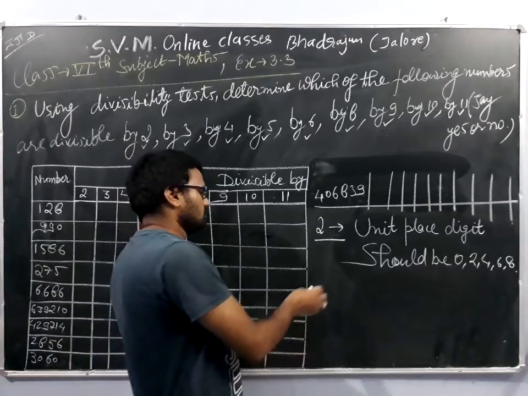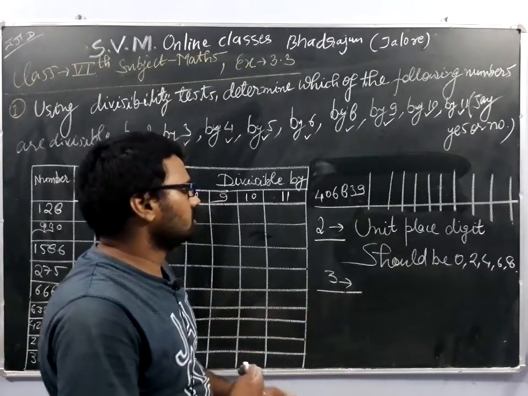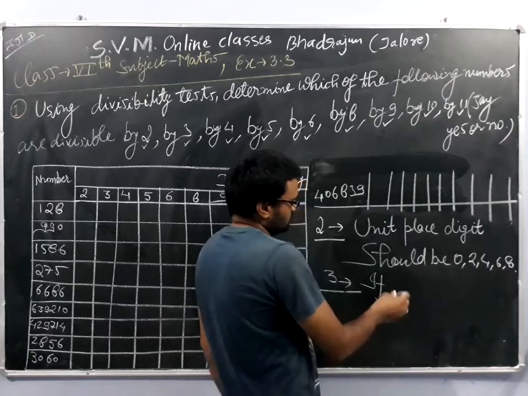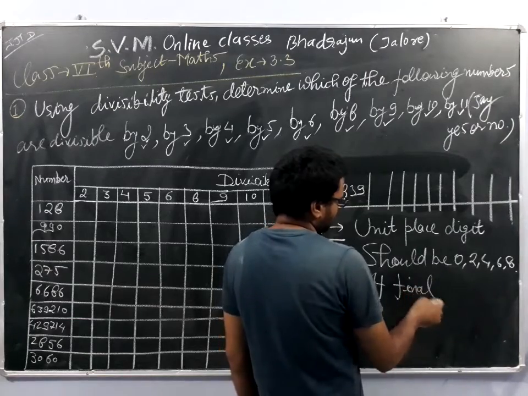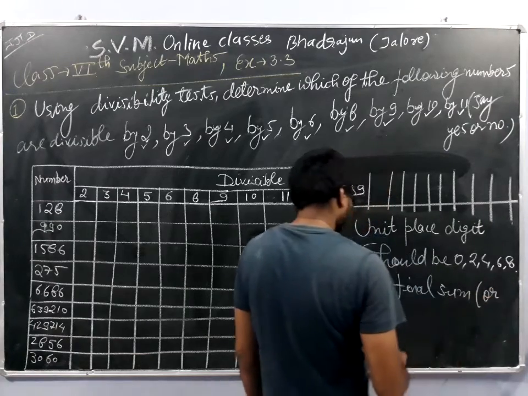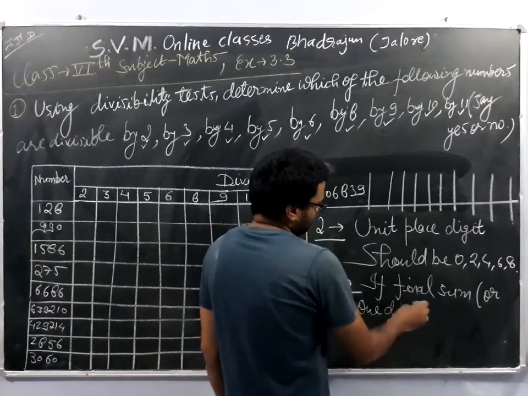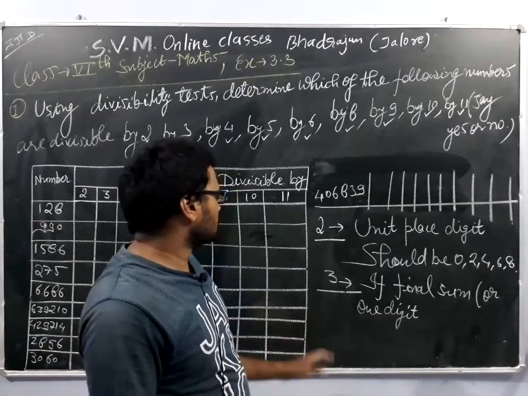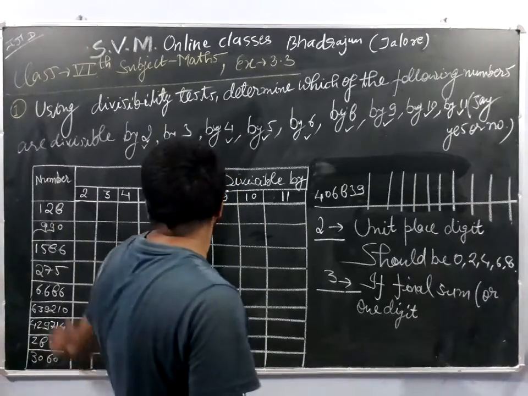Okay, let us move towards the divisibility rule of number 3, which is: if the final sum or one digit sum, I'll make you understand what is the meaning of one digit sum later on when I will go for trying these numbers.